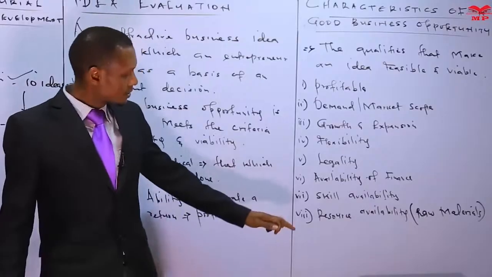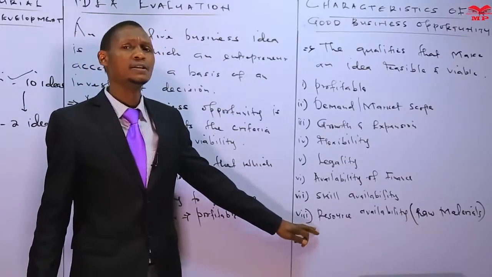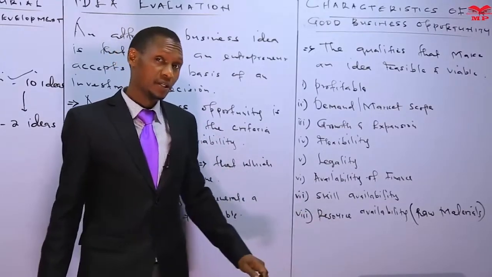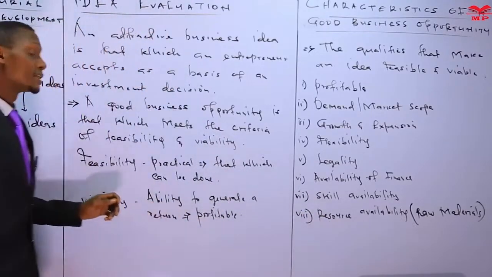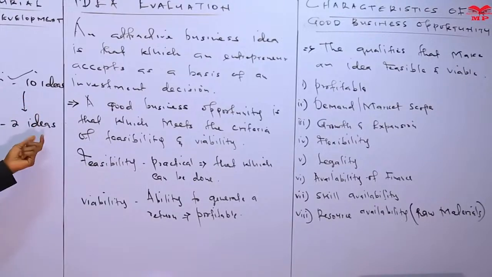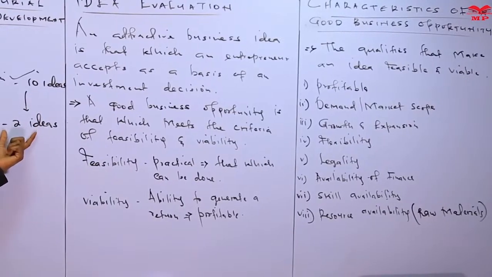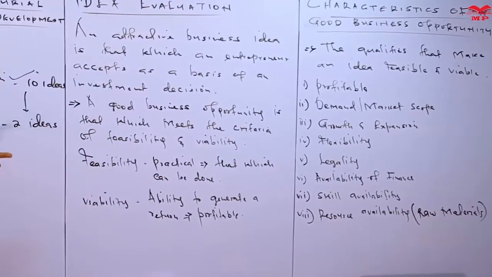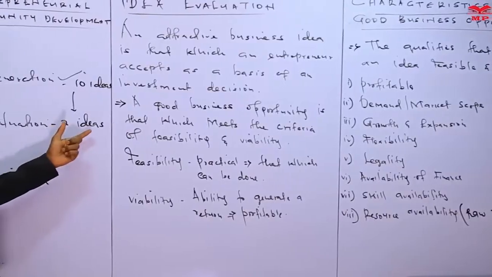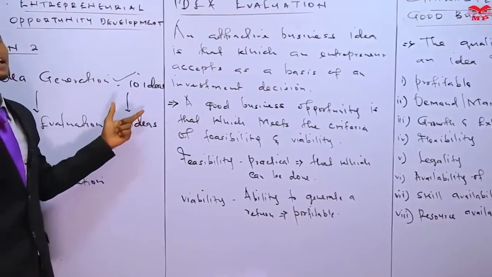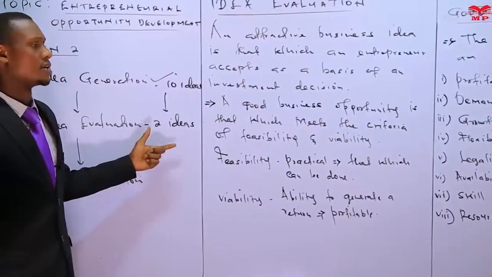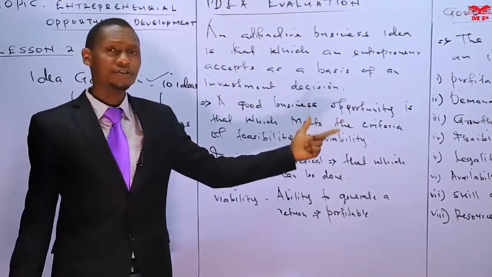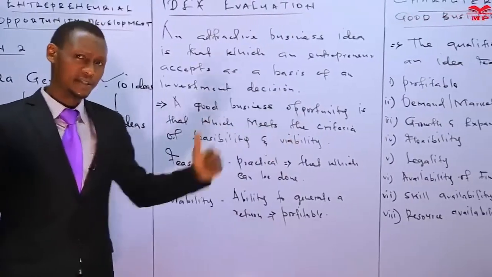So these factors, or qualities, will be what the entrepreneur will consider in eliminating some of these ideas, so that they end up with 2 ideas. Effectively, after this assessment, the entrepreneur will find out that only 2 of the 10 ideas that they had generated will have these qualities present.